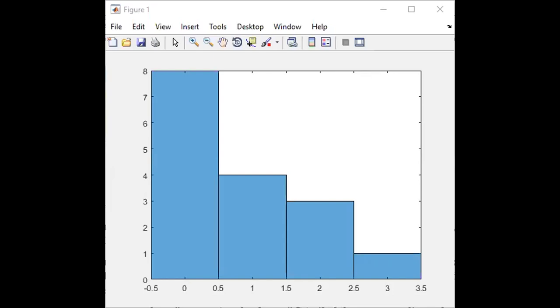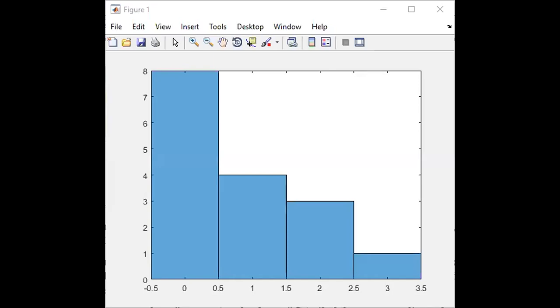Yeah, I got an error here. Let me put that histogram of IM, copy that to a histogram variable.